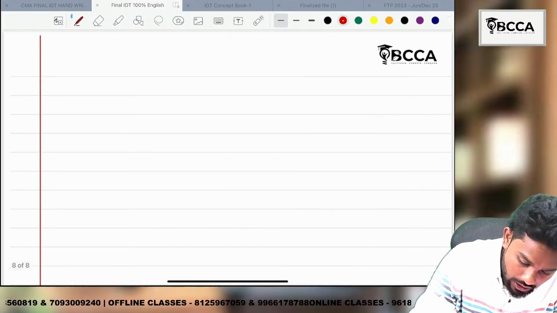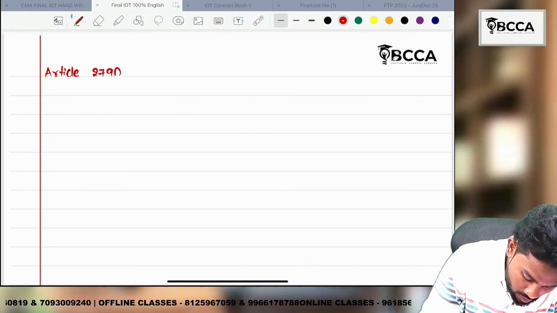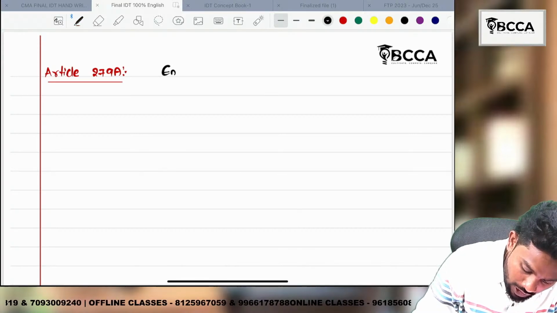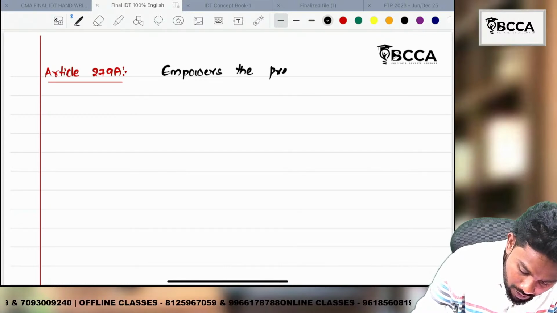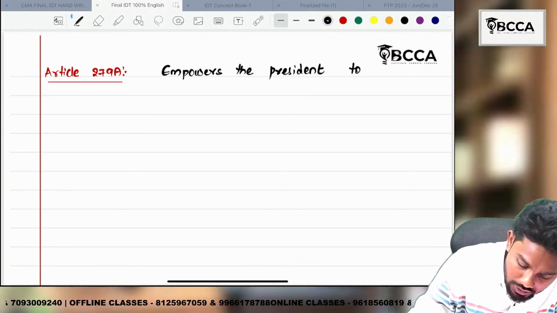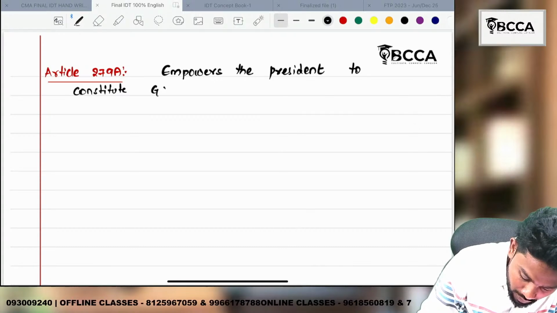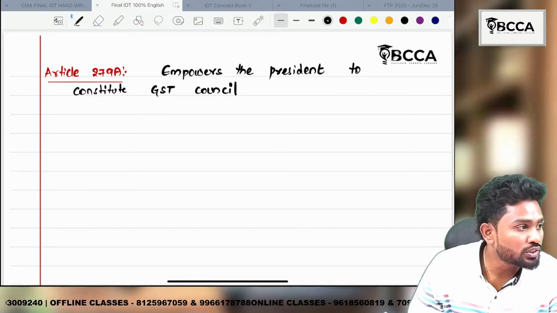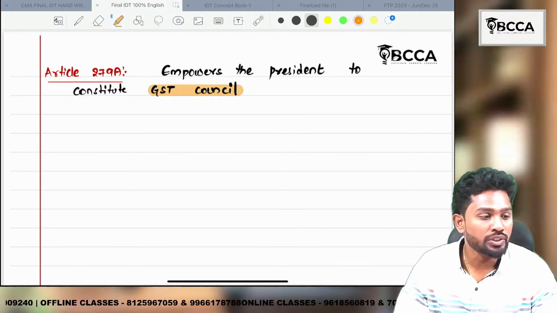So keep the heading Article 279A. It empowers the president to constitute the GST Council.